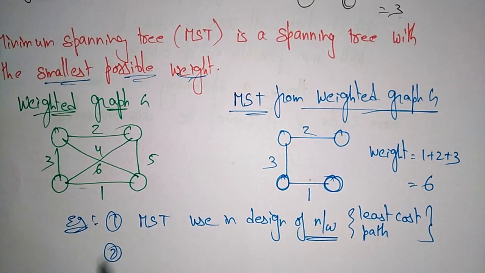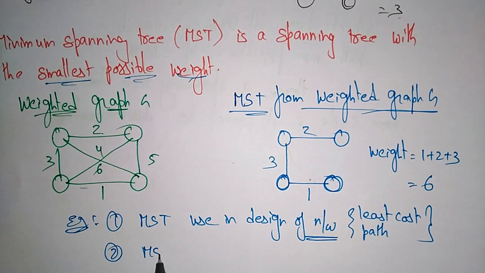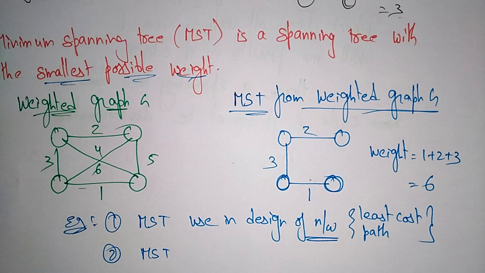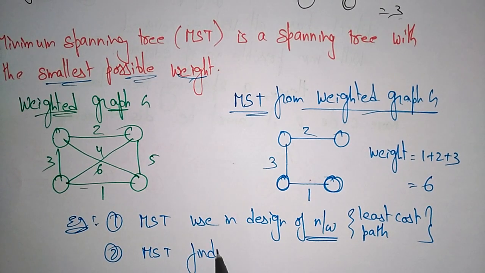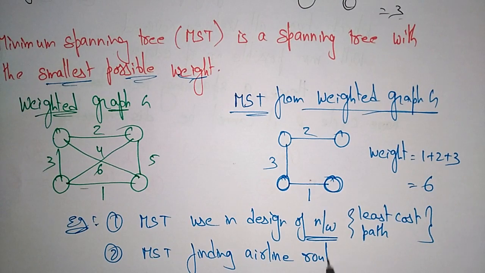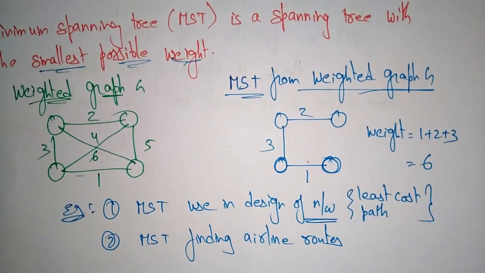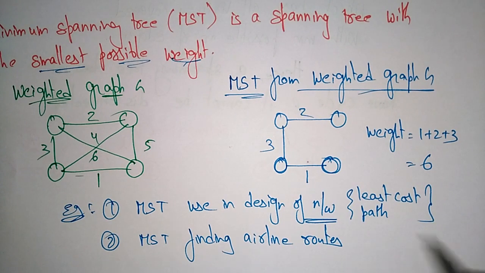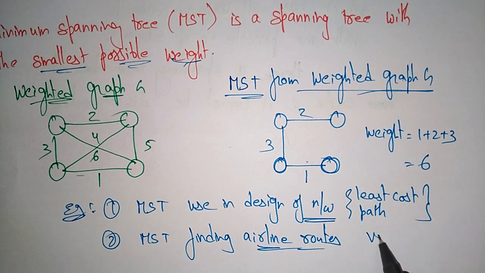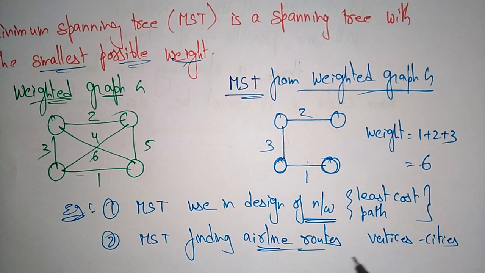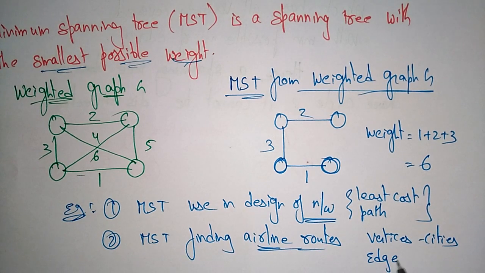And coming to the second example, MST would be used in finding airline routes. So in airline routes also we will use MST. There the vertices of a graph represent cities, and edges represent routes between cities.